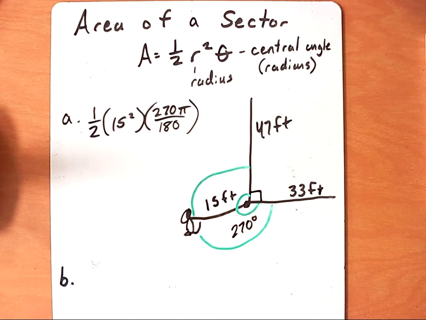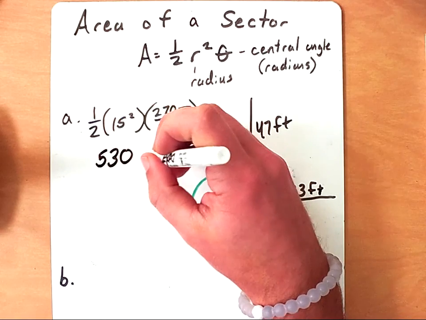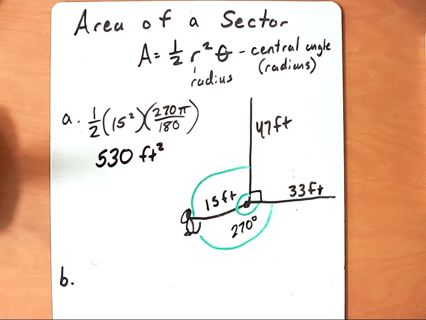And if you enter that into your calculator, 1/2 times 15 squared times 270 pi divided by 180, we get that the dog has 530 square feet to run around in. So 530.14, so about 530 square feet.